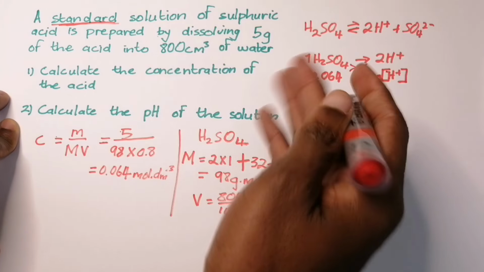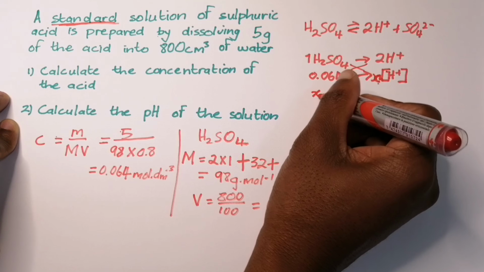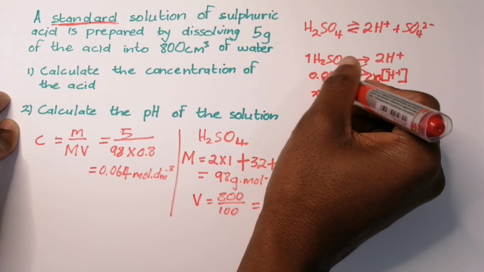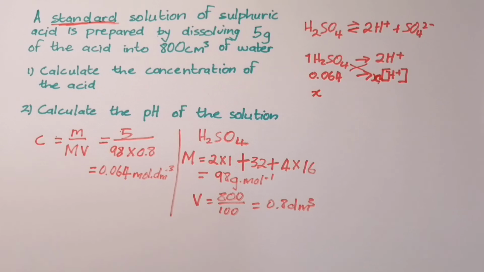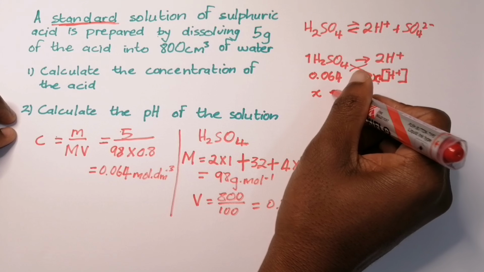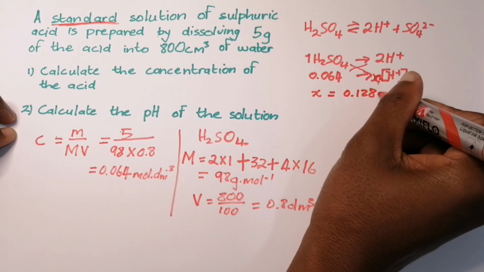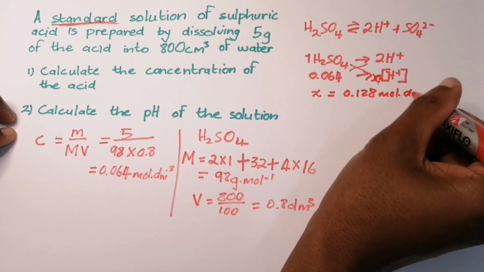I didn't want it to be confusing, so X times 1 will give me X, and 0.064 times 2 should give us 0.128. So the concentration is 0.128 moles per cubic decimeter.